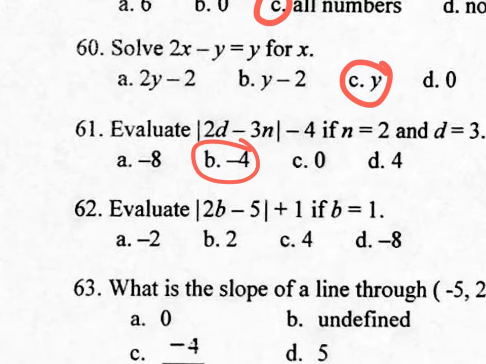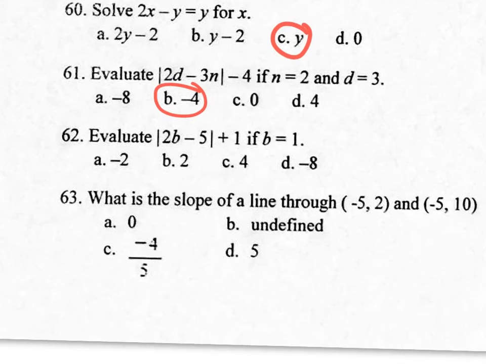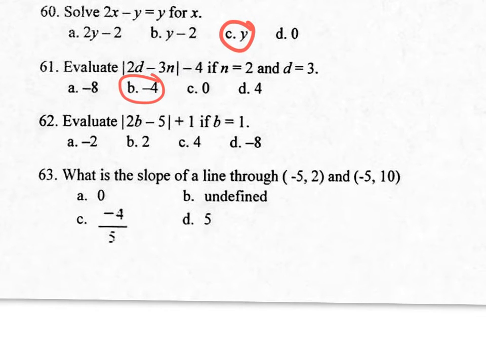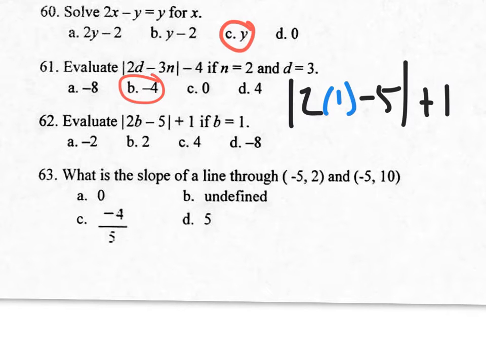Let's do the same thing for 62. So on this guy, we're going to have, let me do it right here, 2 times b, and b happens to be 1, and then minus 5, close absolute value, plus 1 at the very end. So 2 times 1, that's 2 minus 5, and the absolute value, what's the absolute value of 2 minus 5? That's negative 3, but with the absolute value, it's going to change to positive 3.